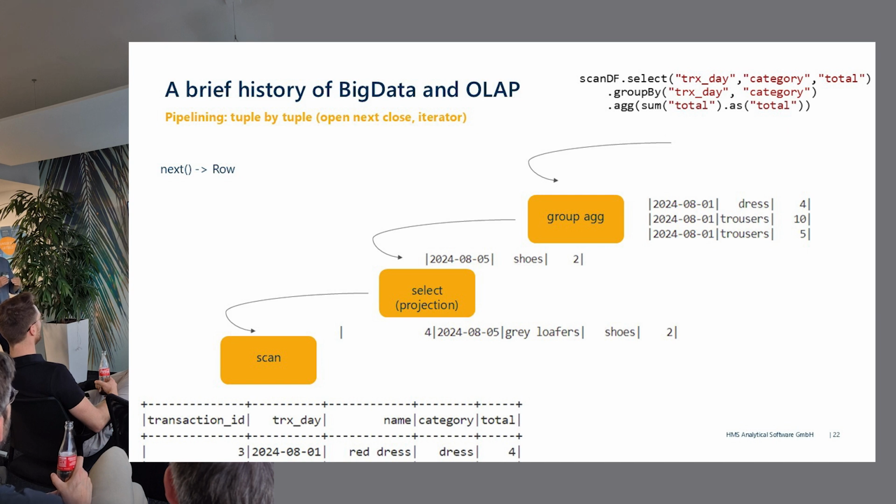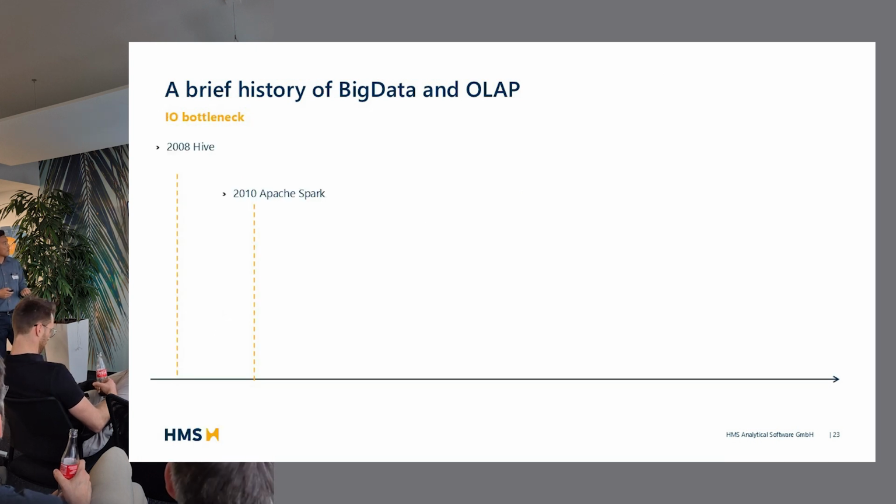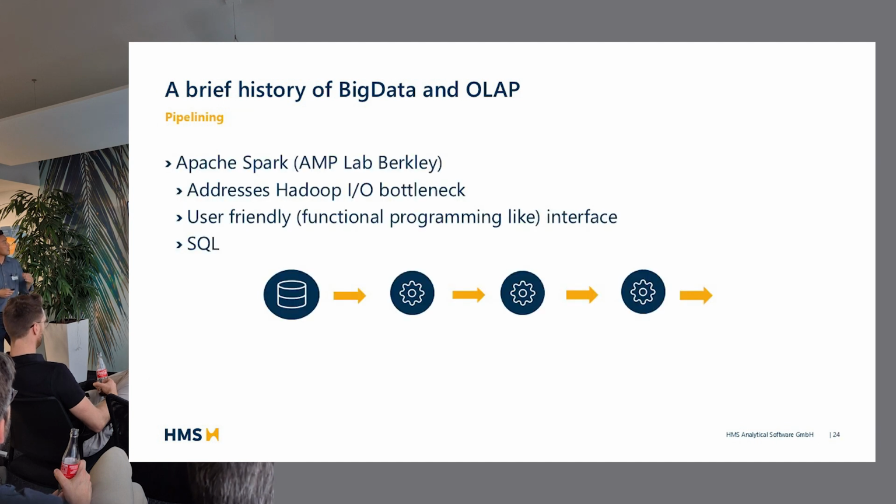In that time, the main memory was small, and the processing time was dominated by the time of reading data from the disk. That's why you wanted to reduce the number of IOs and to use main memory more efficiently. And this was also one of the main ideas of the Apache Spark framework, which addressed the Hadoop input-output bottleneck.